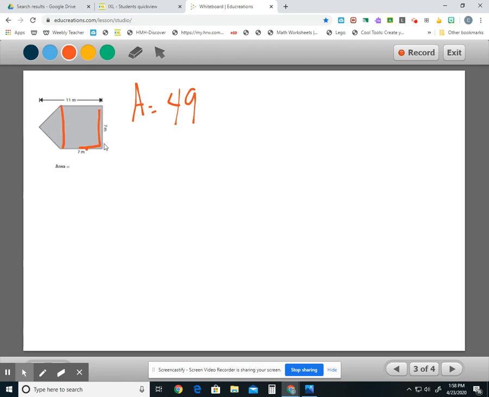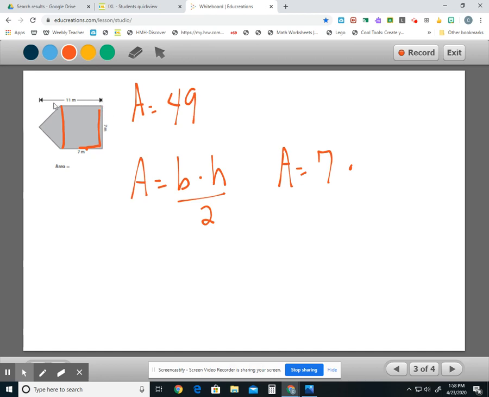Now I have to go back and do the triangle. Again, if this side is 7, then this side has to be 7. So my base is 7. So when I do my formula, area equals base times height divided by 2, I'm going to plug in my numbers. Area is equal to, and for the base, it's 7 times, and now I've got to figure out the height.